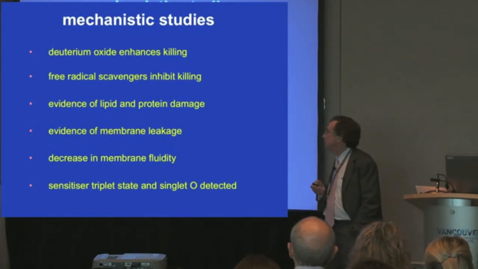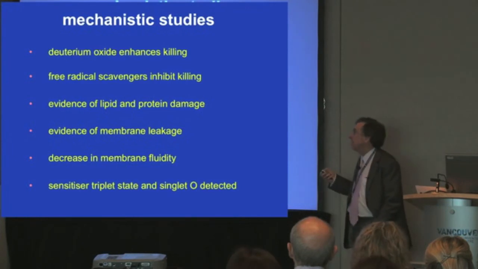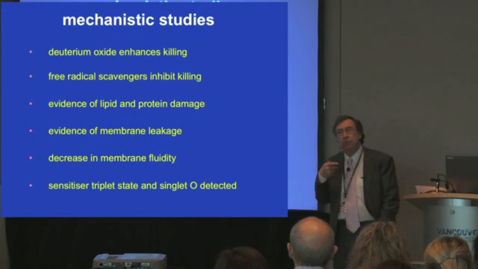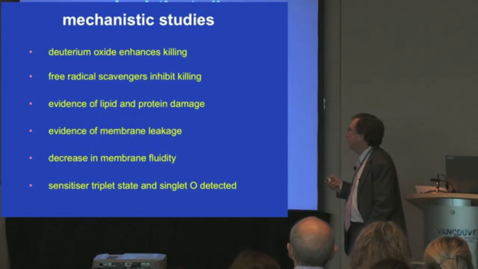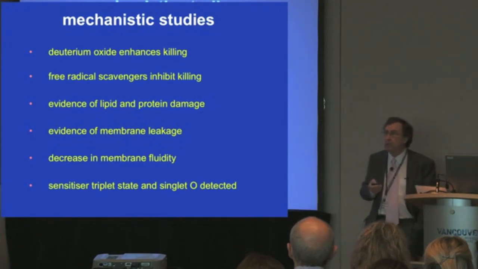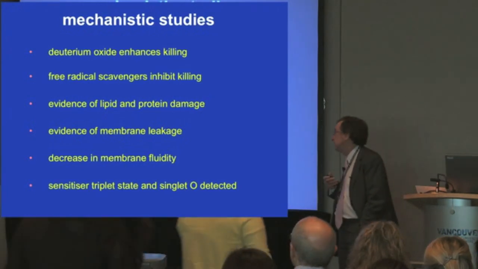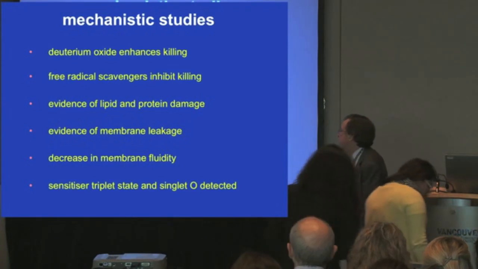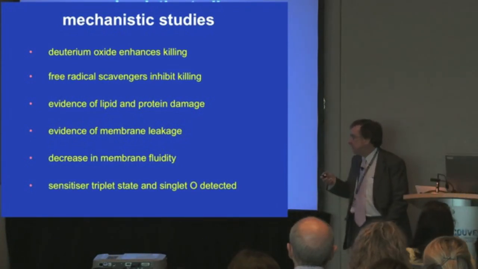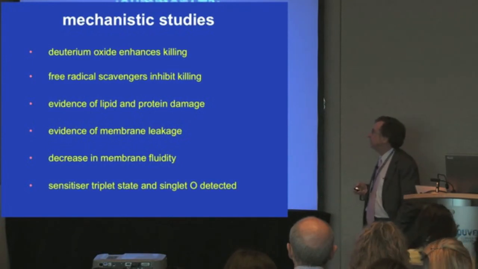And also using a malondialdehyde assay, we can show that there's lipid peroxidation. And this would account for the disruption of the cytoplasmic membrane. With evidence of membrane leakage, certain intracellular enzymes will leak out once you photosensitize and irradiate these organisms. There's a decrease in membrane fluidity, and we have actually detected the sensitizer triplet state and singlet oxygen.